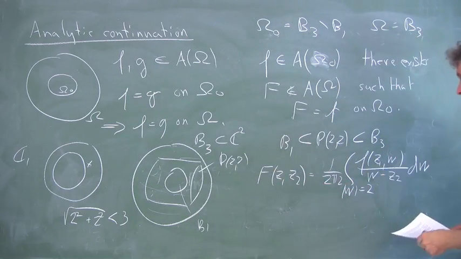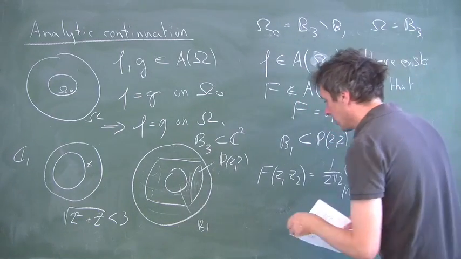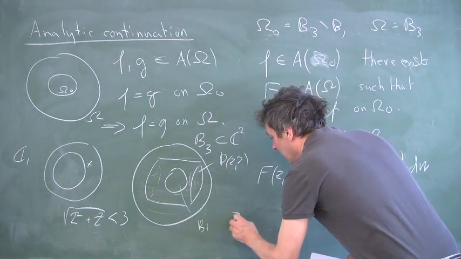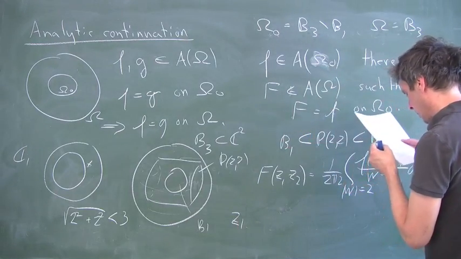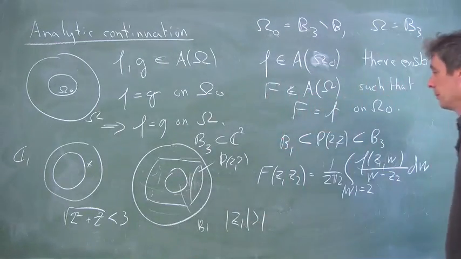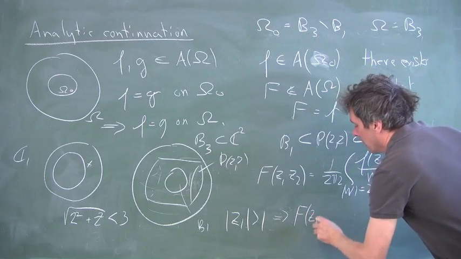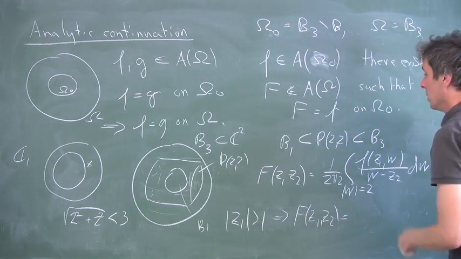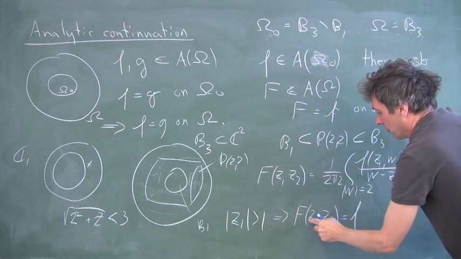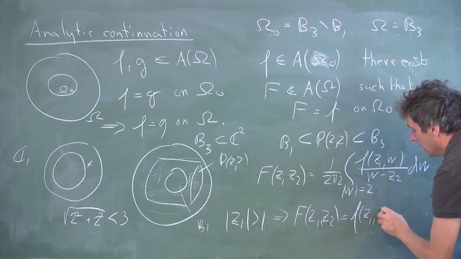But what I claim now is that if we consider the set of points now where the absolute value of Z1 is larger than 1, then the capital F of Z1 and Z2 will be equal to the small f of Z1 and Z2.